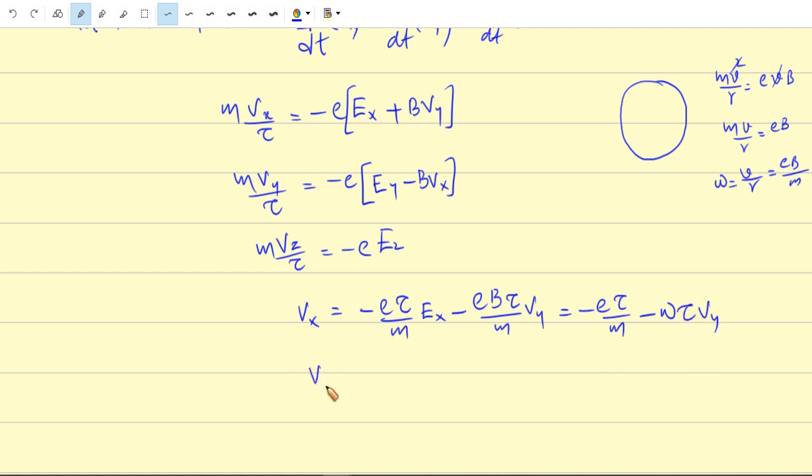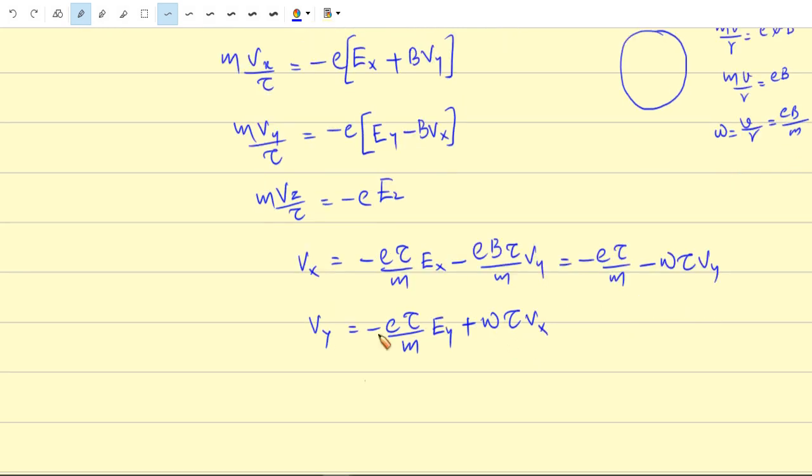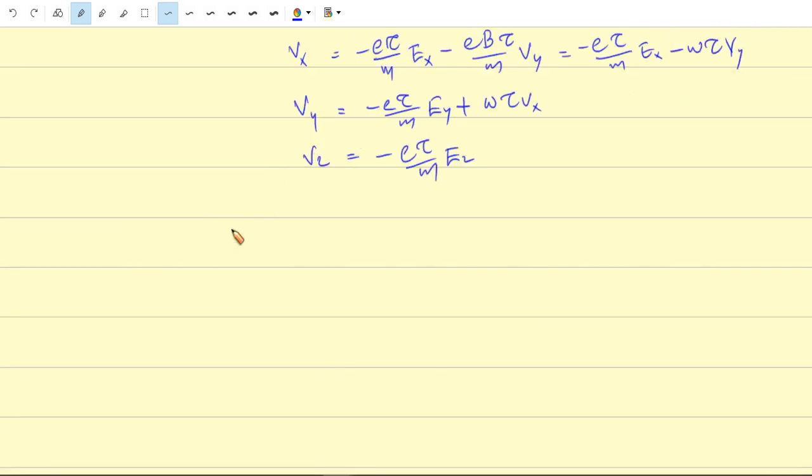So the second equation will become, and the third equation, we can rewrite this equation once more.